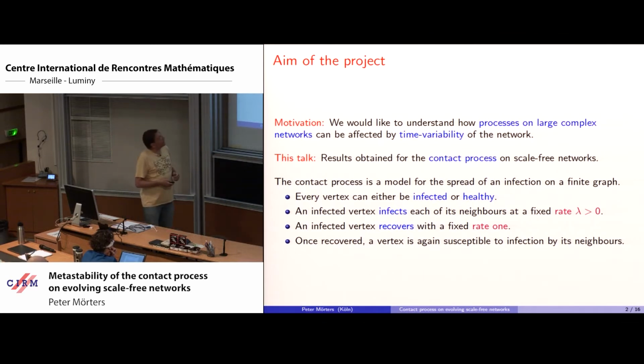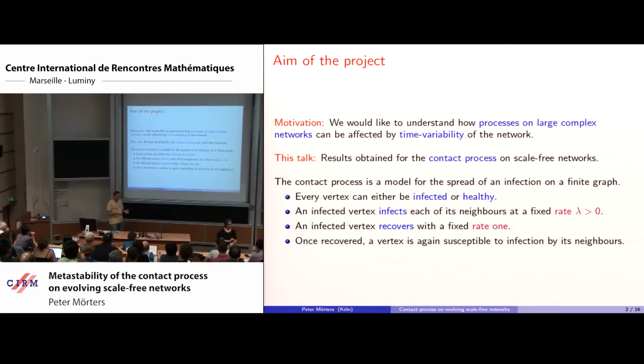Right, so this is a finite graph. It's a very easy Markov chain, finite state space, and if you think about it for a second, there is one special state there, one absorbing state, and that's the state that every vertex is healthy. Once every vertex is healthy, the infection has died out. And because you can reach this state from every other state, eventually the infection will die.